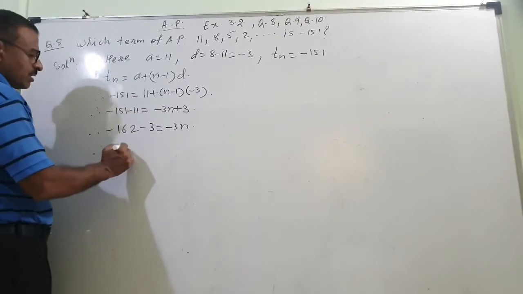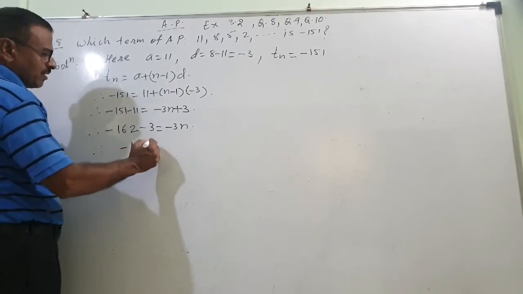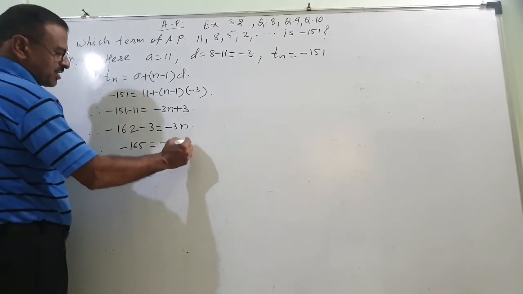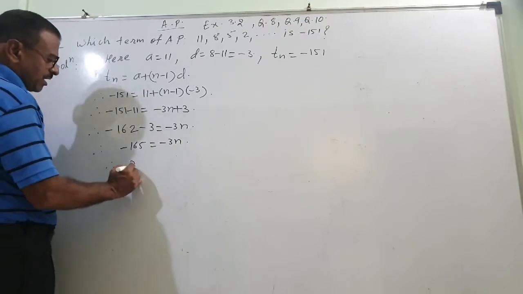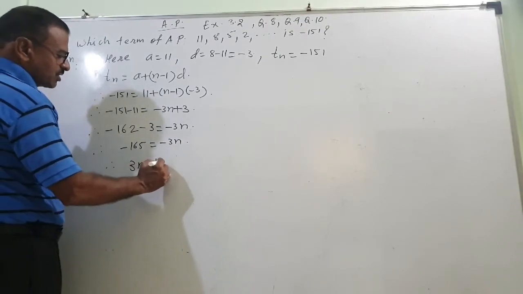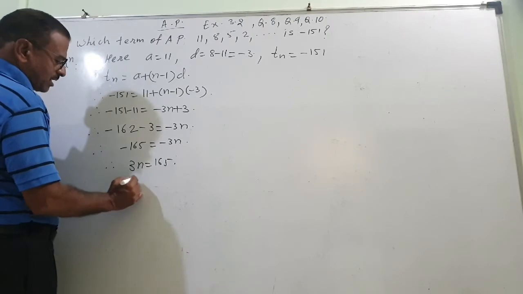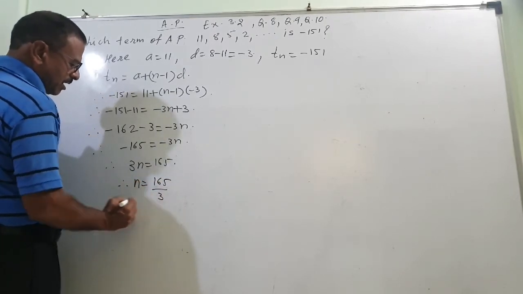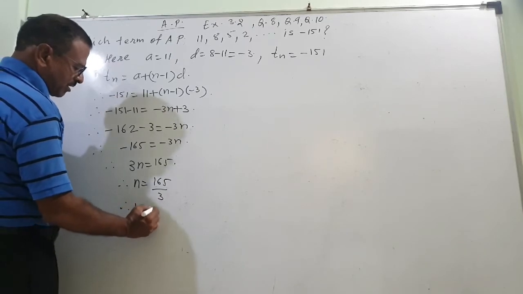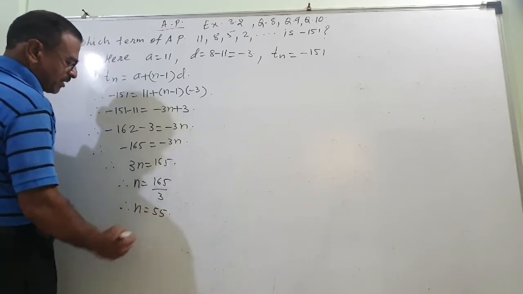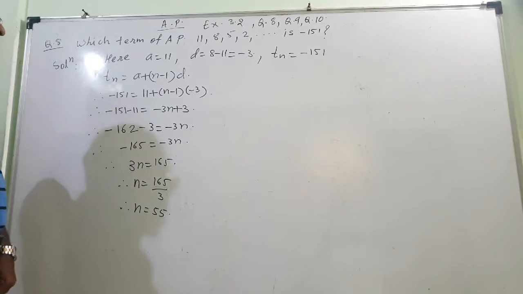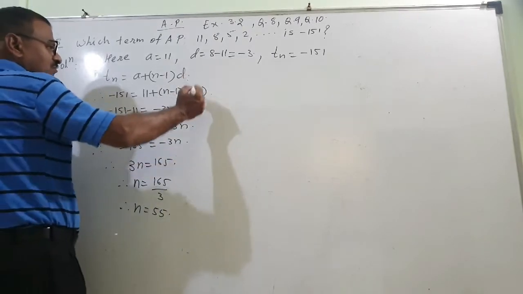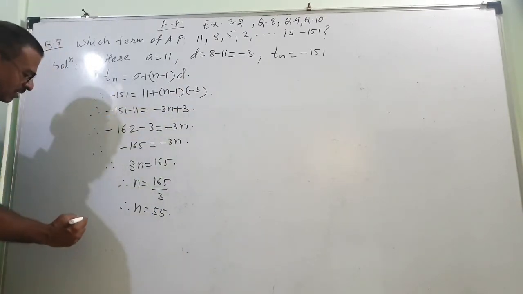Therefore, this is minus 165 is equal to minus 3n. Changing the signs, we get 3n equal to 165. Therefore, n is equal to 165 upon 3, and therefore n is equal to 55, since 3 5s are 15. So, the 55th term is minus 151.